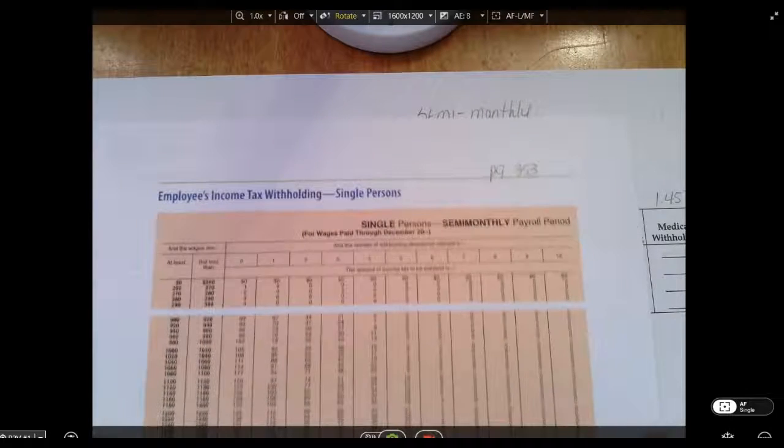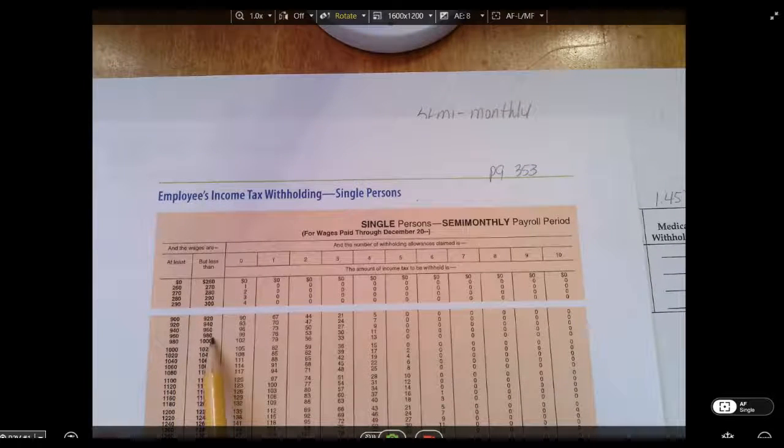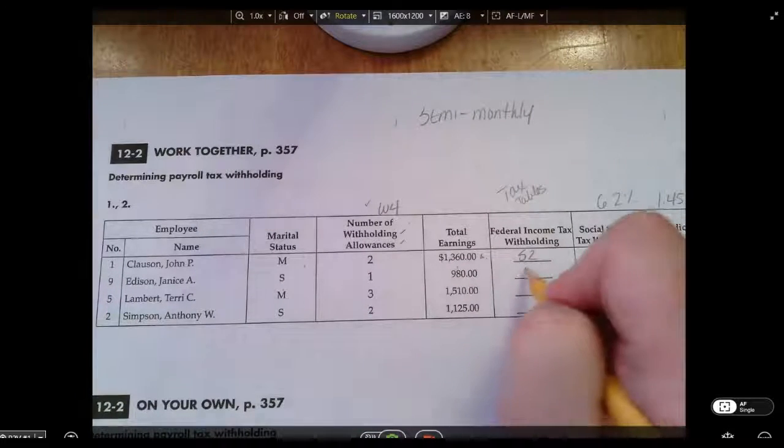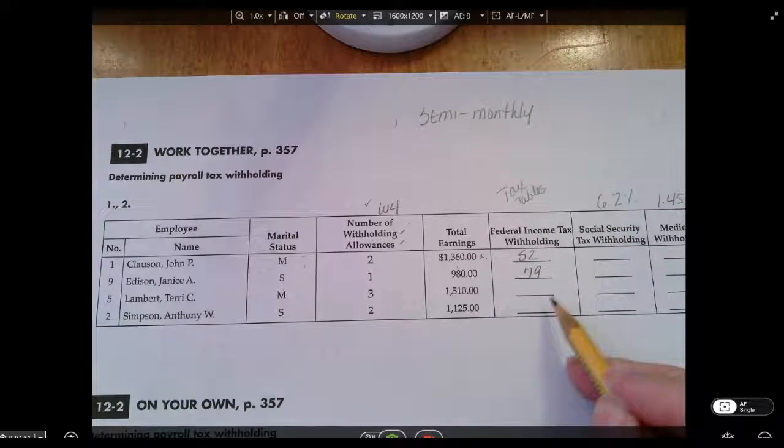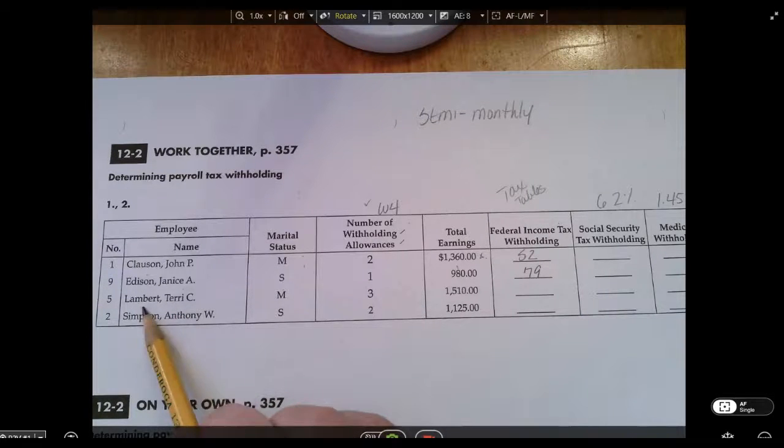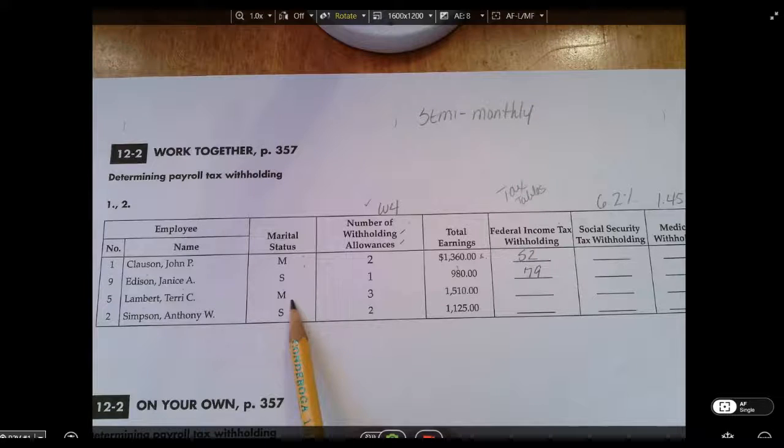Now if we go to Janice, she is single with 1 exemption. She makes $980. It's not less than $980, it's at least $980. She's single with 1 exemption, so her tax is exactly that amount. Now we're looking at Terry Lambert, married, so we grab the married page, 3 allowances.